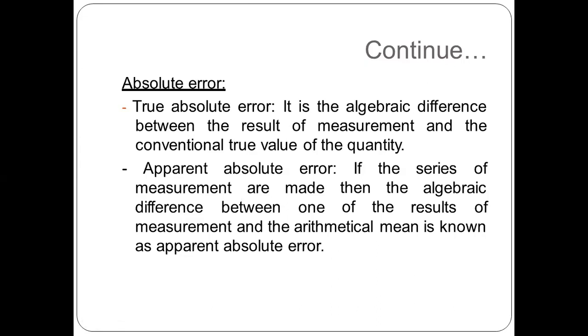How to calculate the arithmetic mean, we will see when we solve the numericals. Just remember this: apparent error is the difference between one reading and the arithmetic mean of the readings.